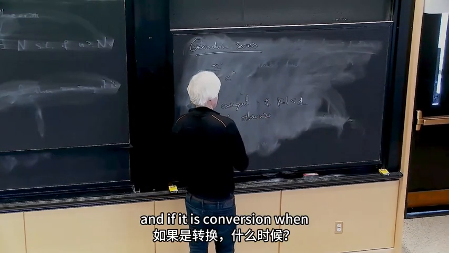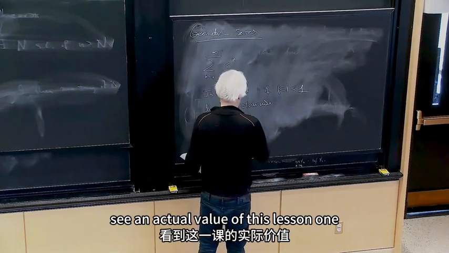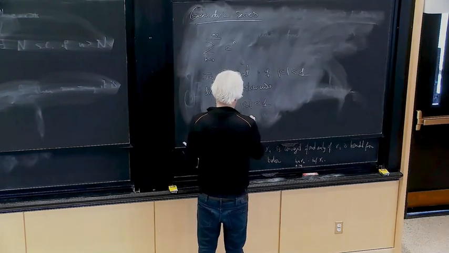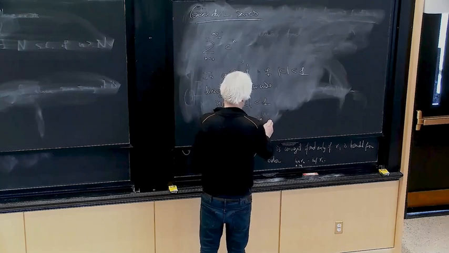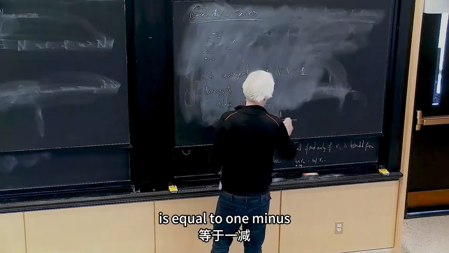And if it is convergent, when C here in absolute value is less than 1, then this sum is equal to 1 over 1 minus C.